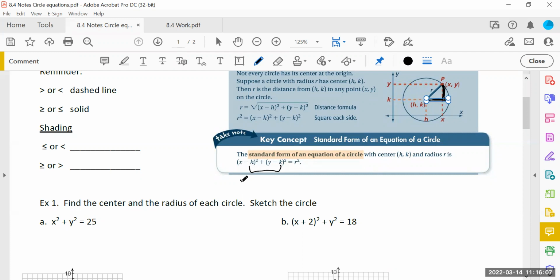And if it's shifted, the center of the circle is going to be (h, k). So put that down on your notes: the center of the circle is (h, k), and the radius is r. It's already written on your notes, but highlight it, rewrite it, make sure you've got it there.